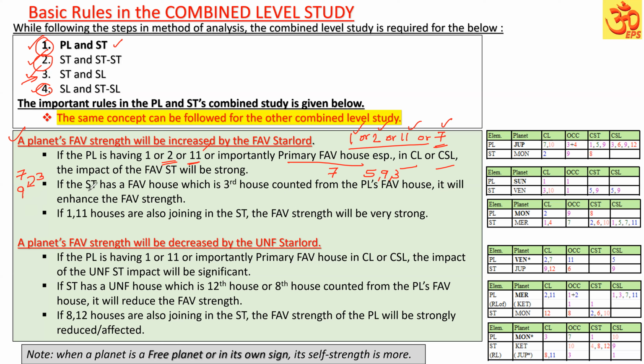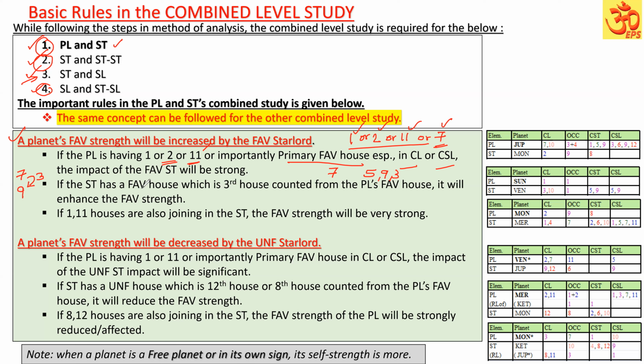It means that is the improving house to the seventh house matters. So the star lord, if it is a favorable star lord, what sort of impact is it going to give to the planet we are discussing? In that, if the star lord is basically a favorable star lord, it is good.